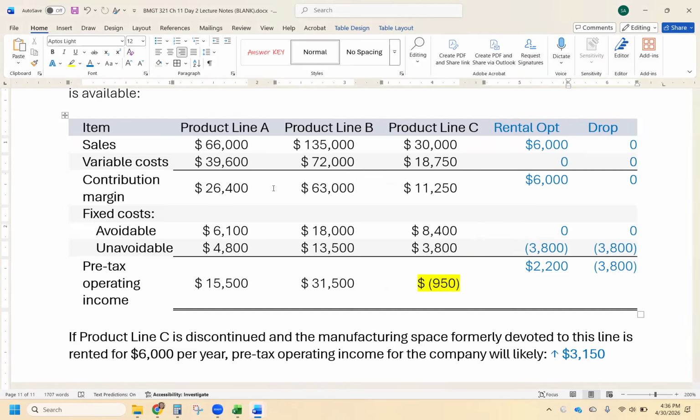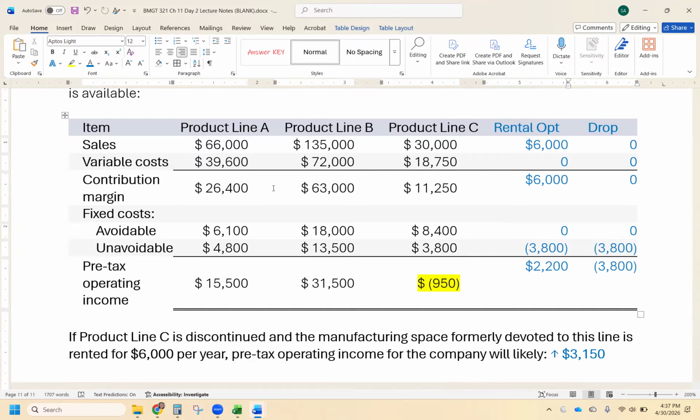We can keep it, we could rent it, we could drop it. And just based on pure financial information, we should rent it. If we can't rent it, we should keep it. If we can't keep it, I guess then we have to drop it and hopefully make something else, because that'll hurt the bottom line for the company if we drop it.